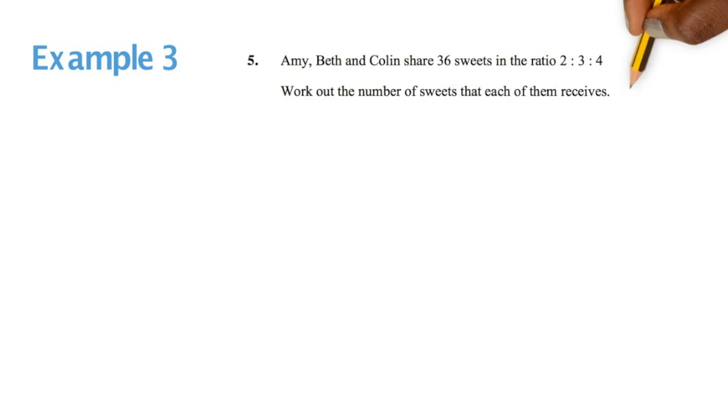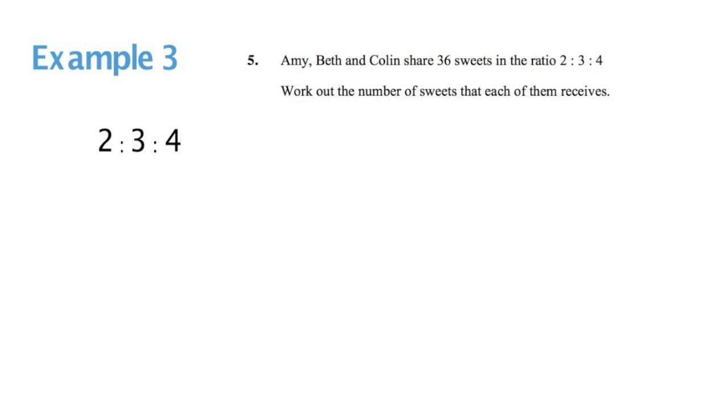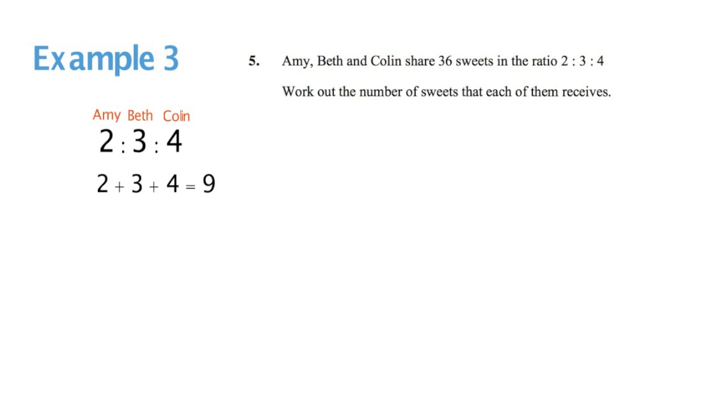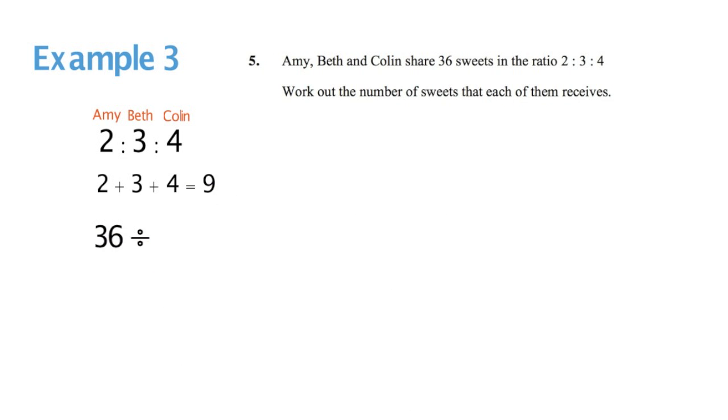And example 3. You've got Amy, Beth and Colin, who are sharing 36 sweets with a ratio of 2:3:4. The colon, we tend to call it 'to' in maths. Because the ratio is written in the order of Amy, Beth and Colin, that's who would get each share. Add all the ratios together.